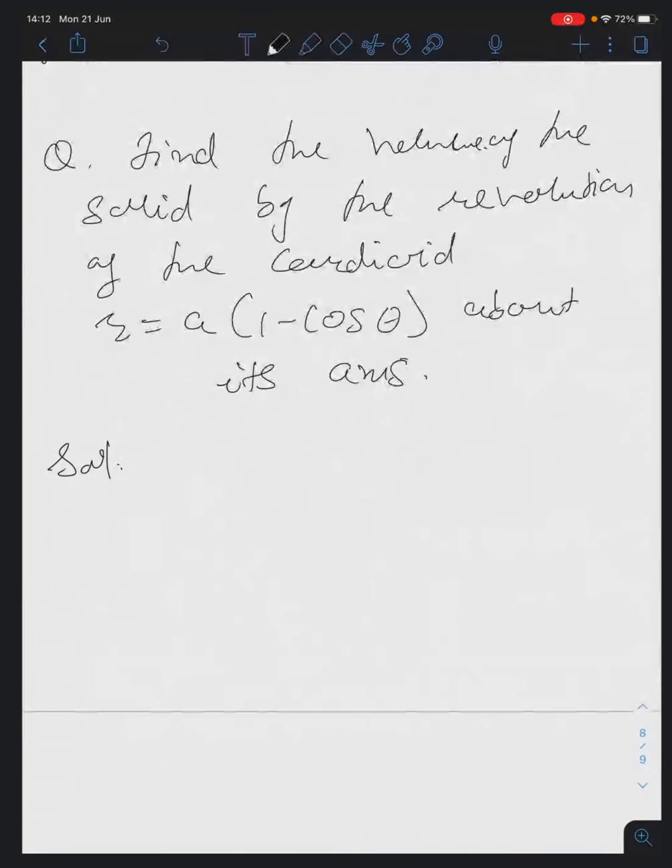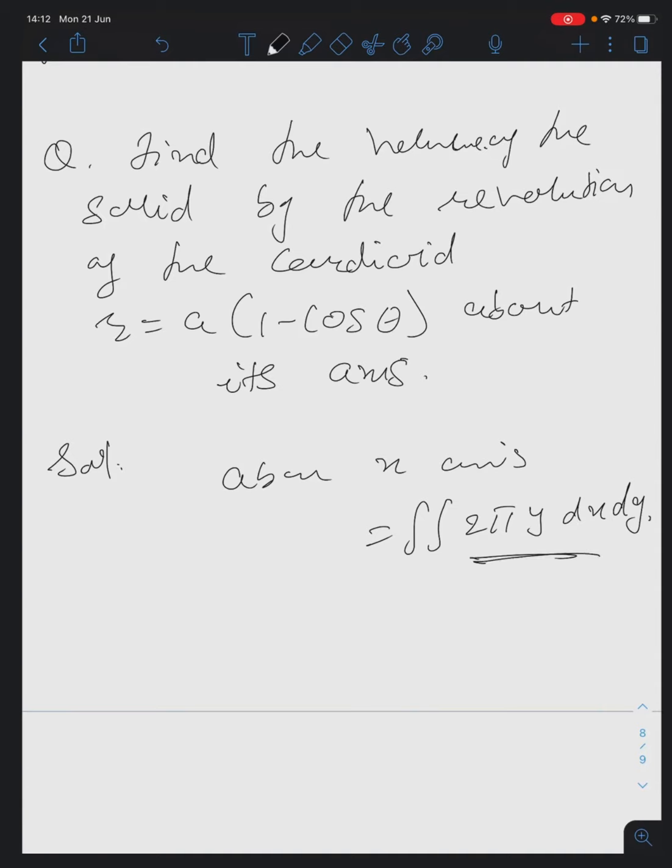The total volume of a solid formed by revolution of an area about the x-axis is given by what? Integral 2 pi y dx dy, na? That is the function there, 2 pi y.